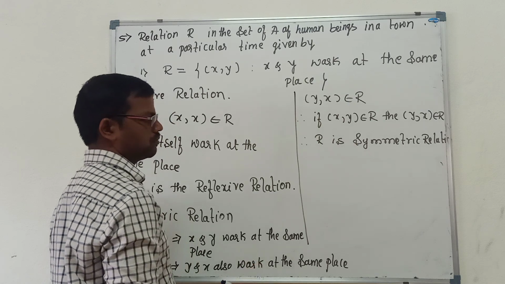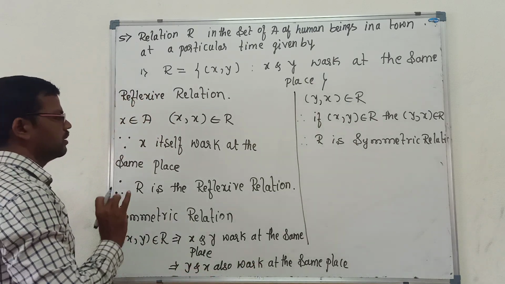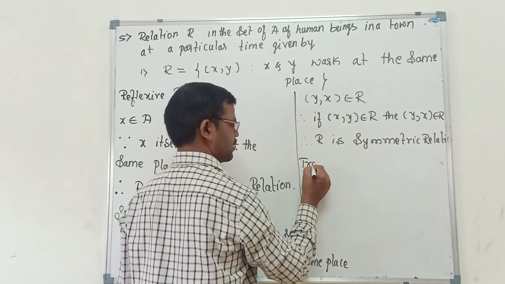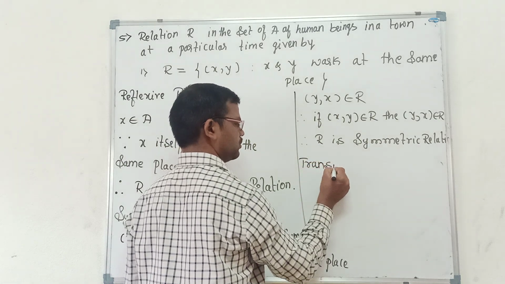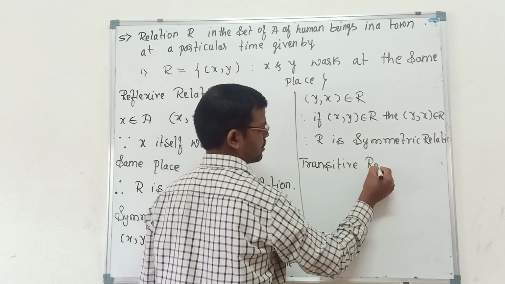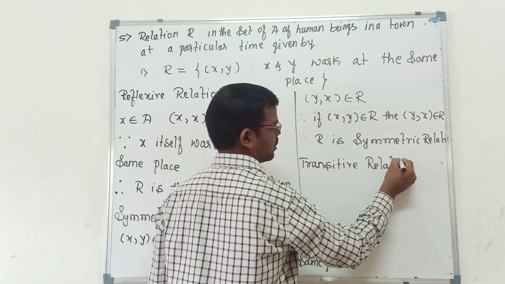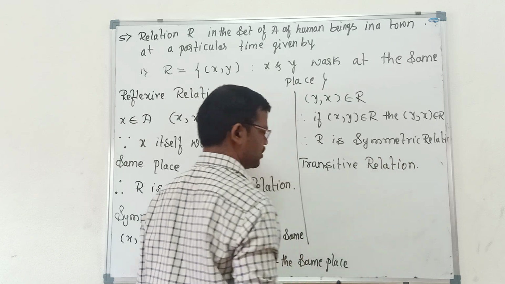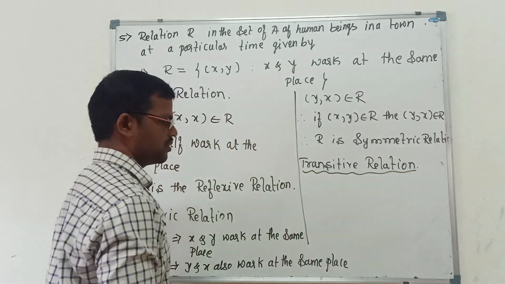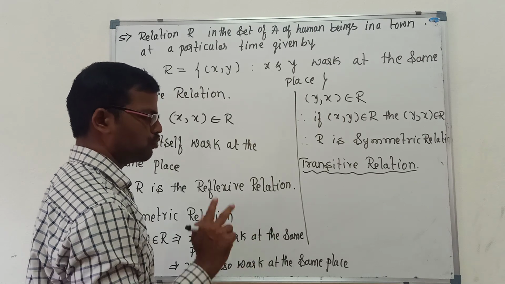So next we come to the third relation, the transitive relation. Transitive relation means what? For the transitive relation, we should have two pairs.